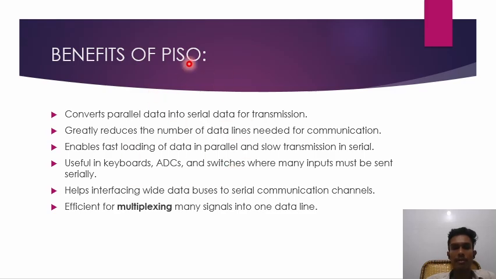And this is the topic: PISO, PIPO, SISO, SIPO. These four are the shift registers used for shifting or storing data. We can do the shifting to the right or to the left. From start to end we have discussed only right shift.